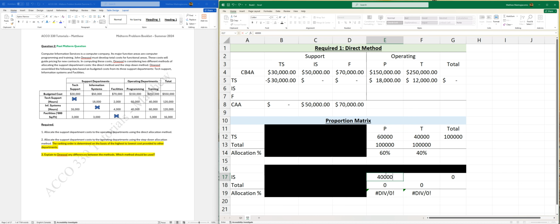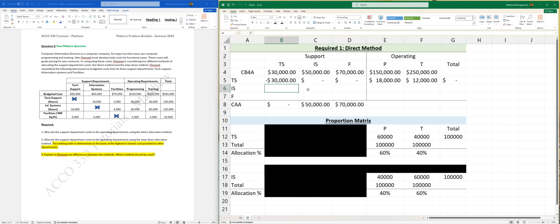So the total allocation is 100,000 hours. So 40,000 over 100,000 means programming uses 40% of information systems hours, and training uses the other 60%.